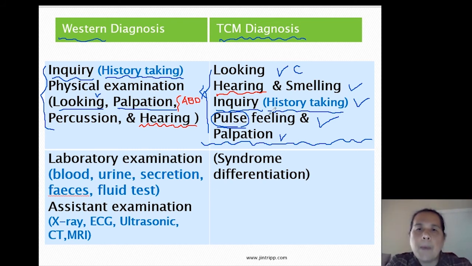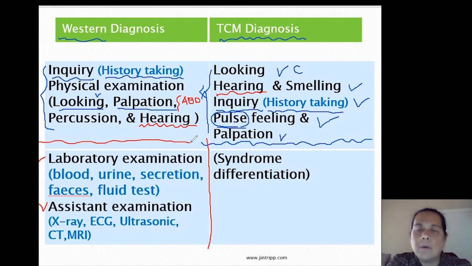So that's basically how we compare Western diagnosis and TCM diagnosis. Certainly, in Western diagnosis, we also have other ways of checking patients, like laboratory checking and some others like X-ray, CT, or ECG. That part is not included in our class.